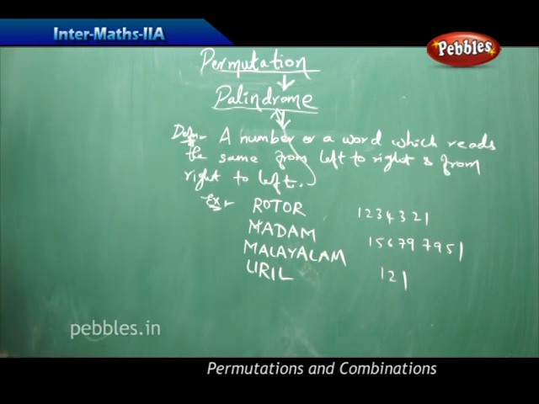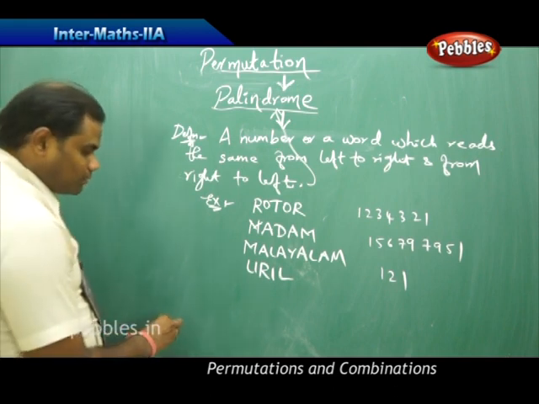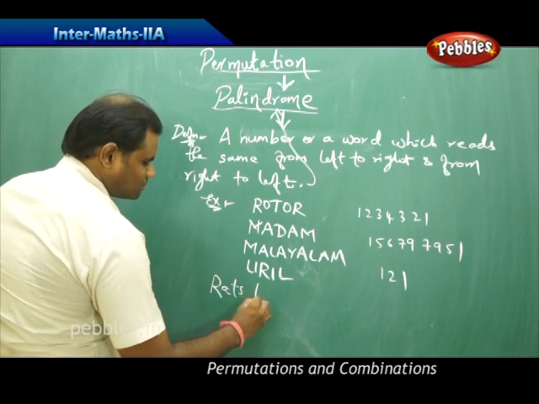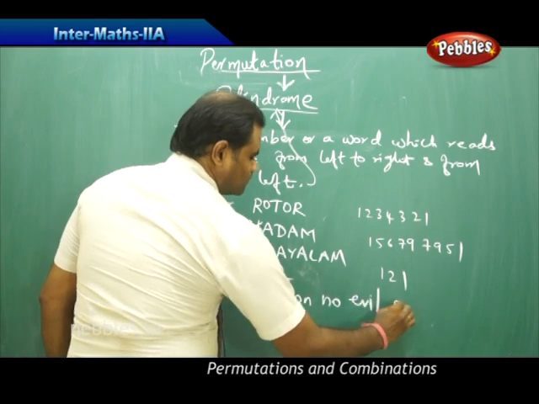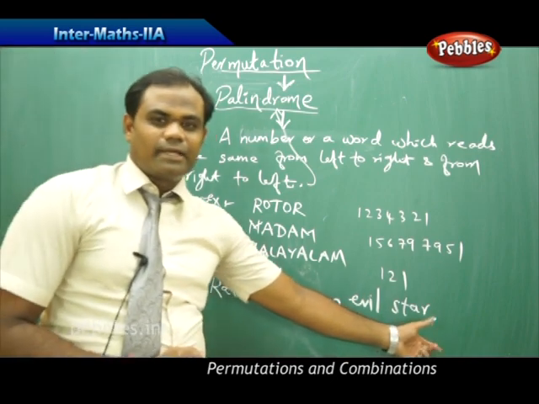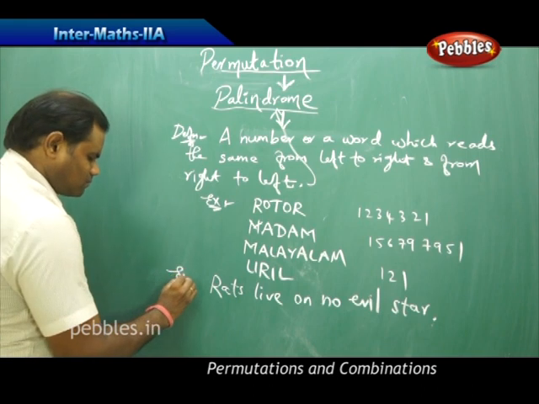Interestingly, there are some sentences which are also palindromes, like rats live on no evil star. When you reverse it, you get the same sentence read from the back.